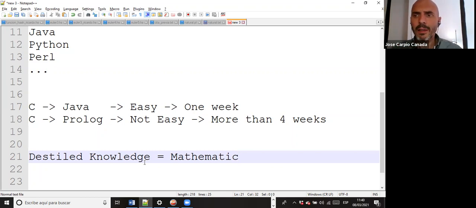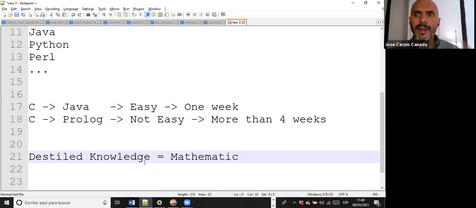Mathematics is something like that. You have a lot of knowledge concentrated in only a formula. It's so interesting because many people do a lot of experiments to obtain this formula. So it's like distilled knowledge, knowledge in only one simple sentence.